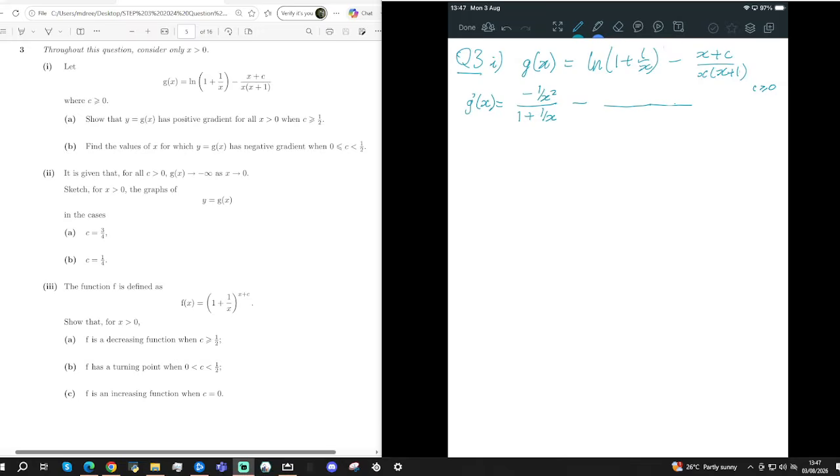So product rule says differentiate the top times the denominator minus differentiate the denominator times the top. Derivative of the denominator would have been 2x plus 1, all over the denominator squared.